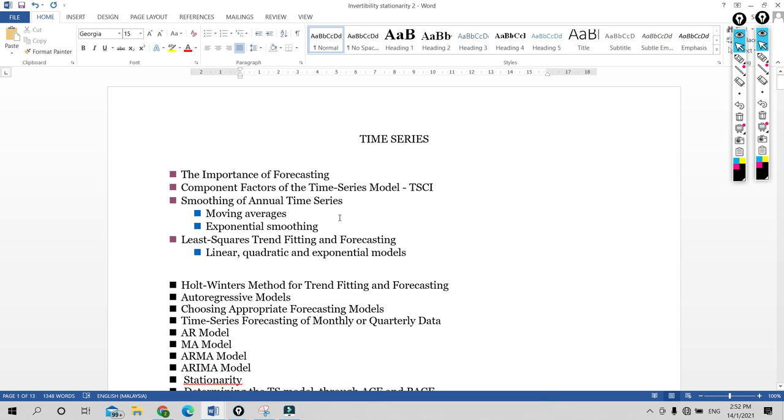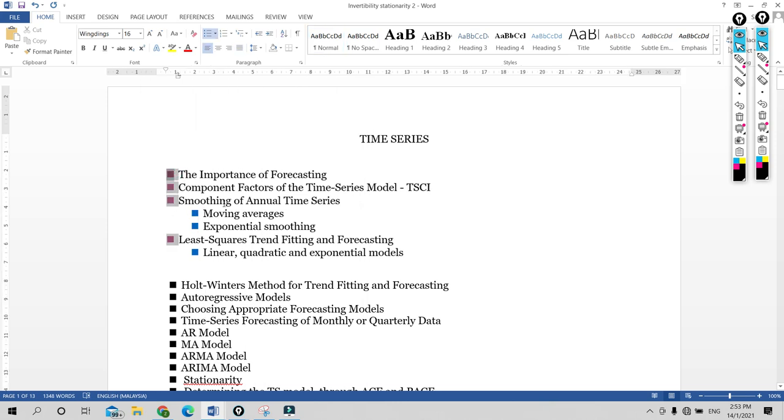Then we learned about moving averages, exponential smoothing, least squares trend fitting and forecasting, the linear, quadratic and exponential models. All these things will be covered in the examination or the final assessment.